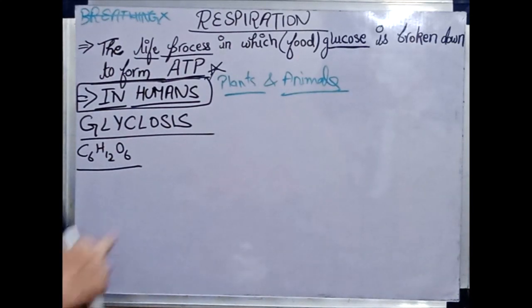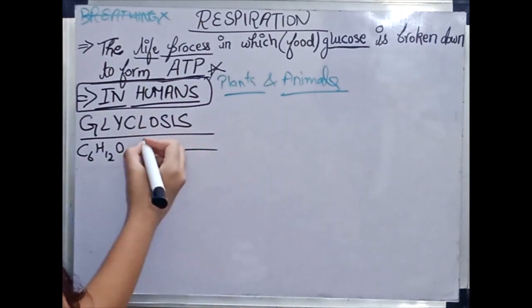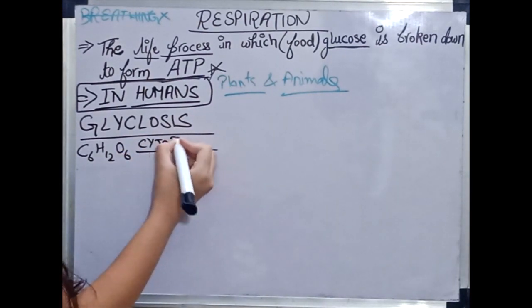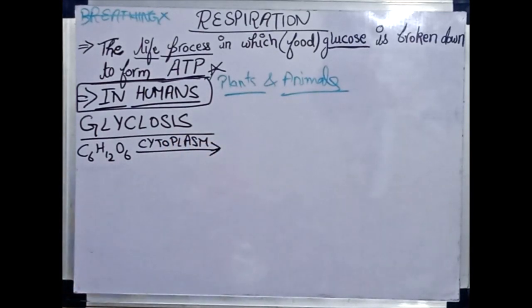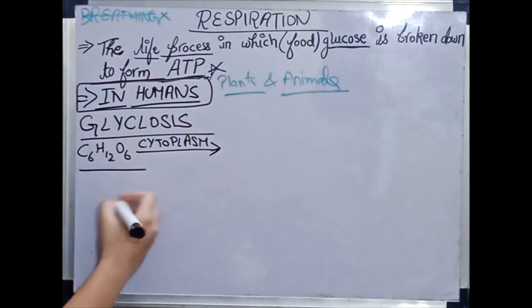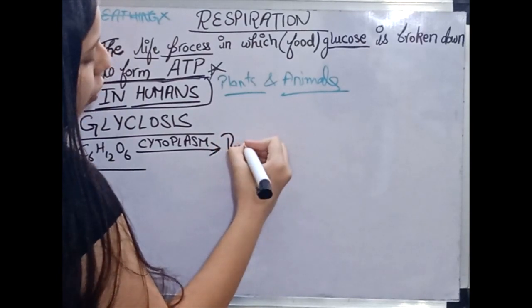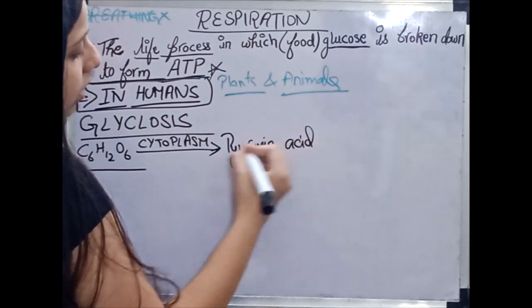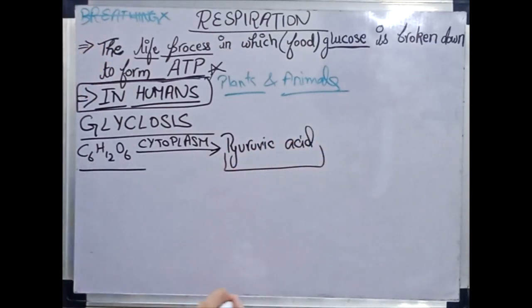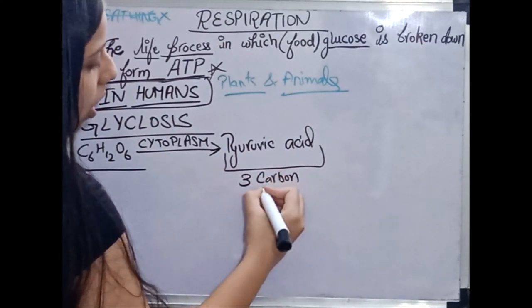But before that a process actually occurs in the cytoplasm. In the cytoplasm there is a step that we generally don't talk about, that is the glucose is firstly made into pyruvic acid. That is a 3-carbon molecule.